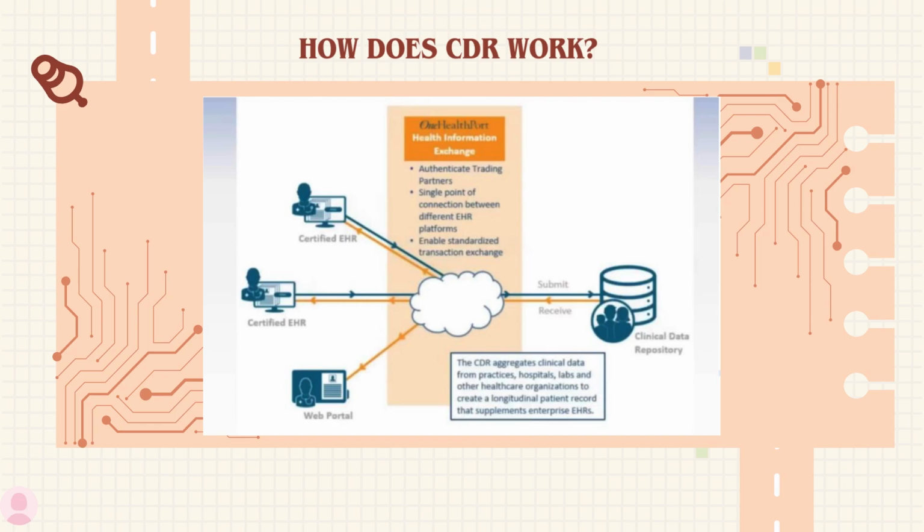The CDR receives them, and it acts as a storage for information if needed again by the hospital information systems, or if they are inquiring whether a patient has any history of, for example, medications, lab results, or any past diagnosis, they can look it up through the clinical data repositories.